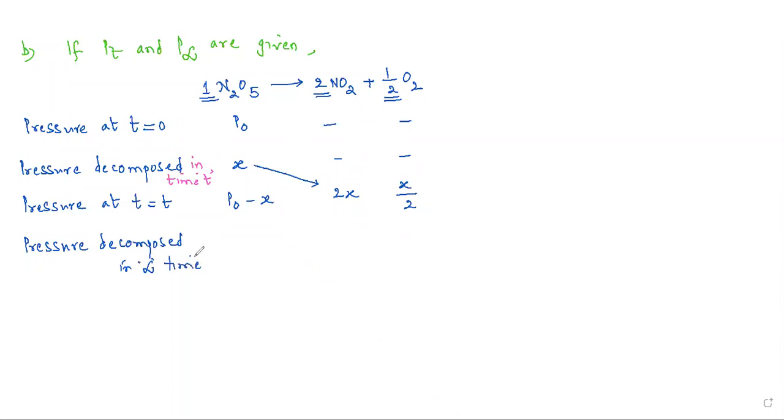I mean, after a very long time, whatever is being taken will surely react, isn't it? Now when P naught or P0 reacts, it will be obviously 2P naught, then P naught by 2.